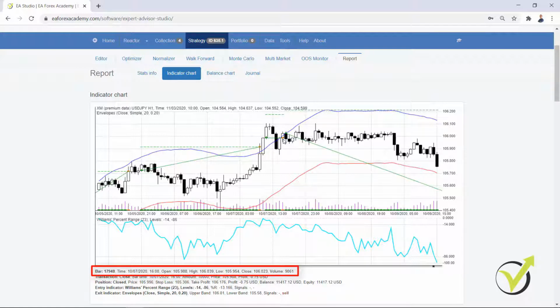105.988. Okay, the exit indicator, which is the envelopes, has upper band with value 106.01, which is the fixed value after the bar was closed. But at that moment, when the bar was opened and the price went up and down for 1 hour, this value for the upper band of the envelopes, it was moving up and down.